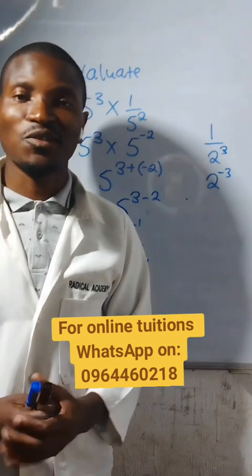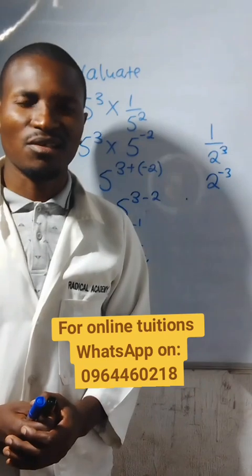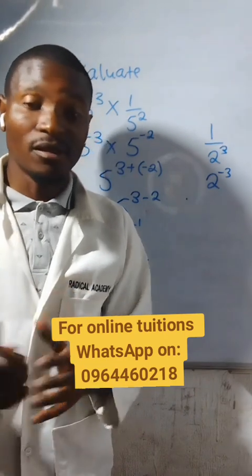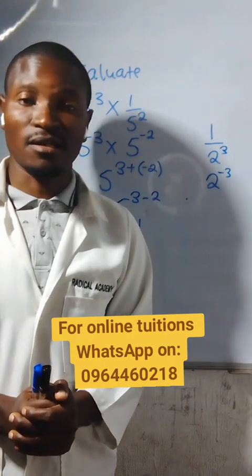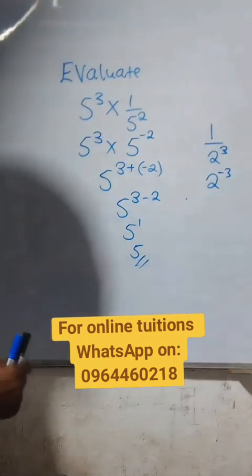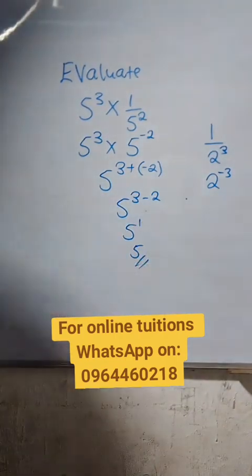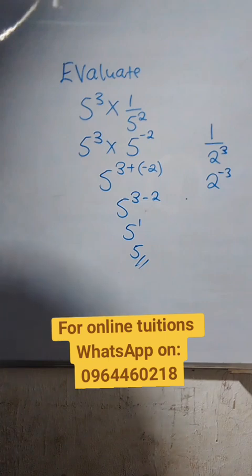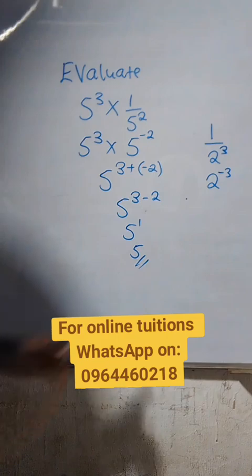Any number raised to the power 0 is 1, because 0 somehow doesn't have an effect. So any number raised to the power 1, because 1 is an identity element, just gives that number.